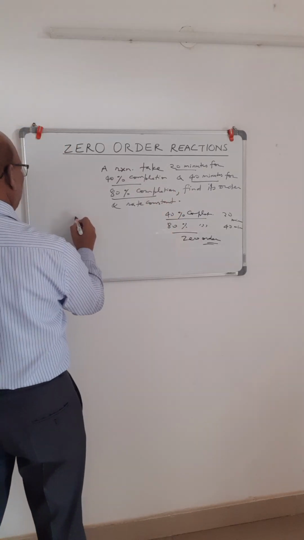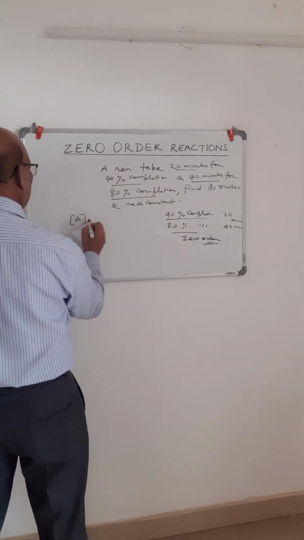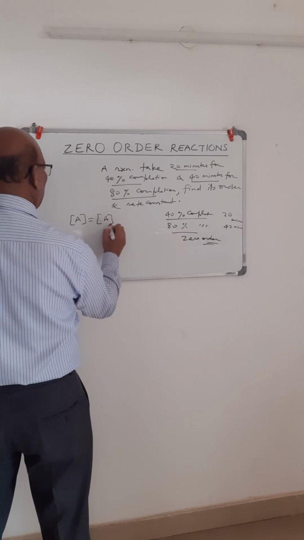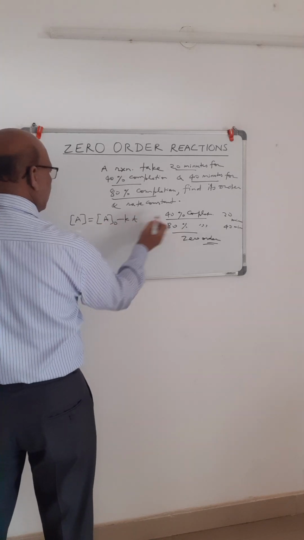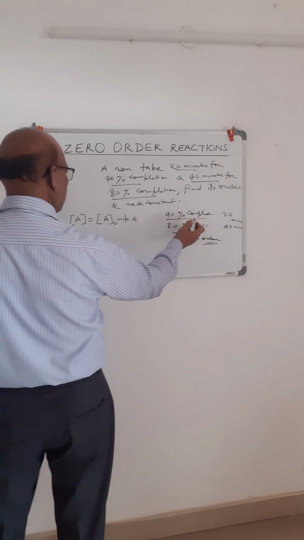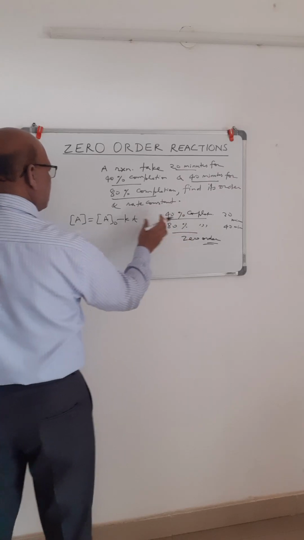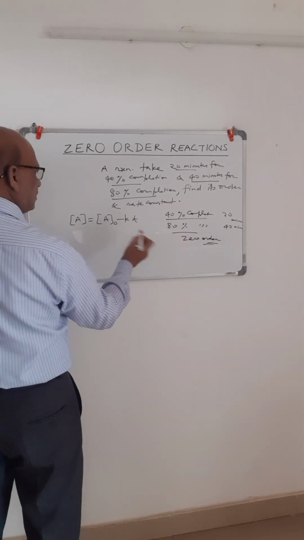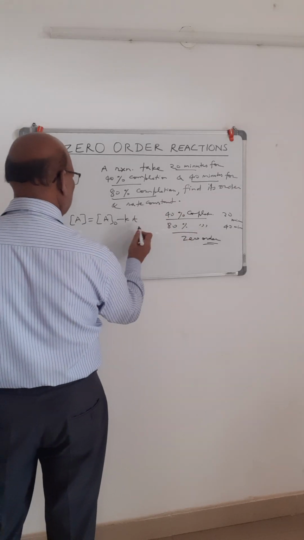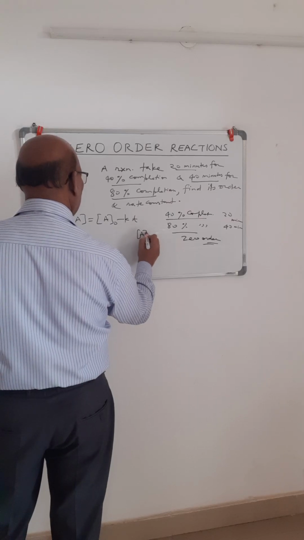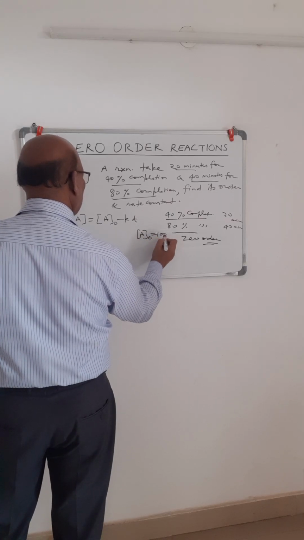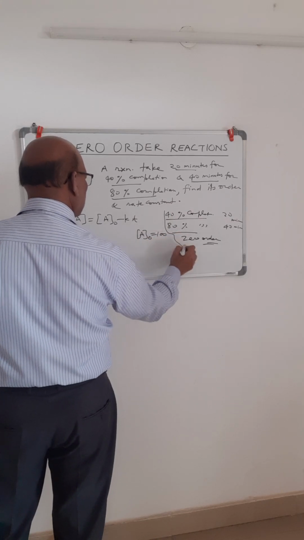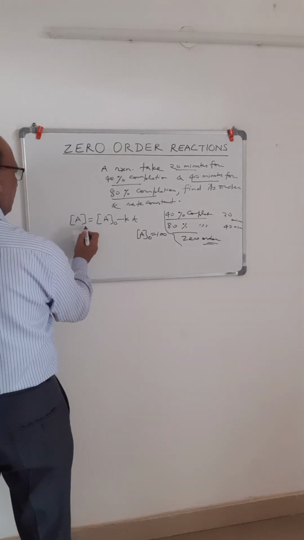Okay, now how to find the rate constant? So we will just write the rate equation. A equal to A0 minus KT. So let us write for 40% completion. 40% completion means remaining concentration will be 60%. Suppose we start with 100. Let A0 is equal to 100 moles per liter. Then what will be A?